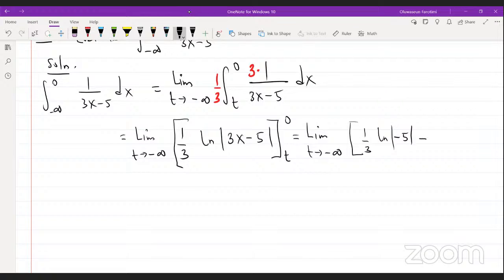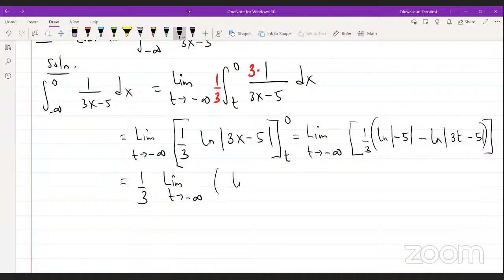So minus ln of 3t minus 5. You can pull out the 1/3 from the limit. So I'm left with the limit as t goes to negative infinity of ln of the absolute value of negative 5, which is just 5, minus ln of the absolute value of 3t minus 5.